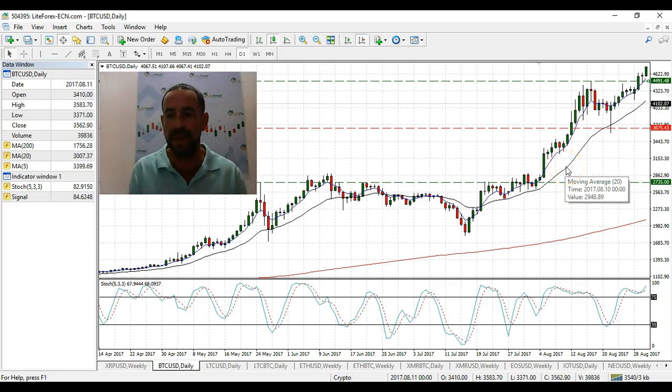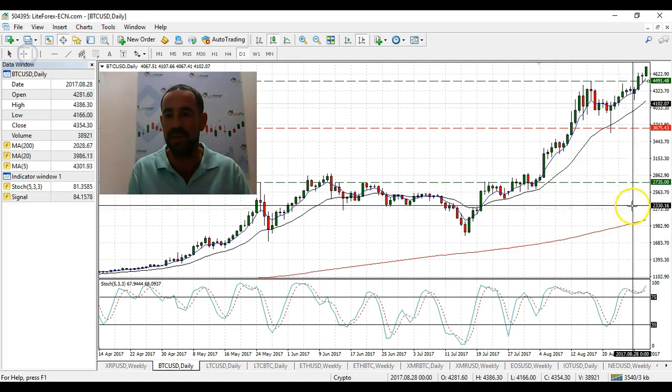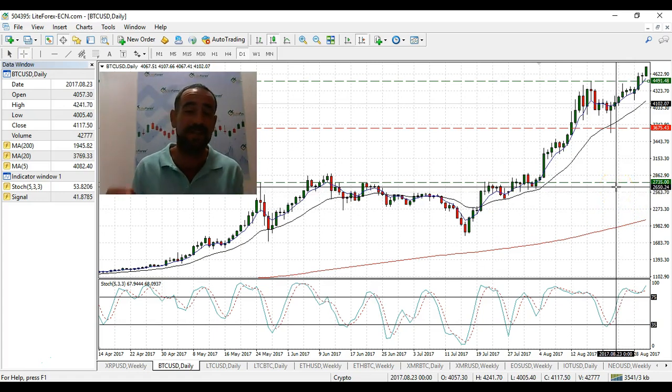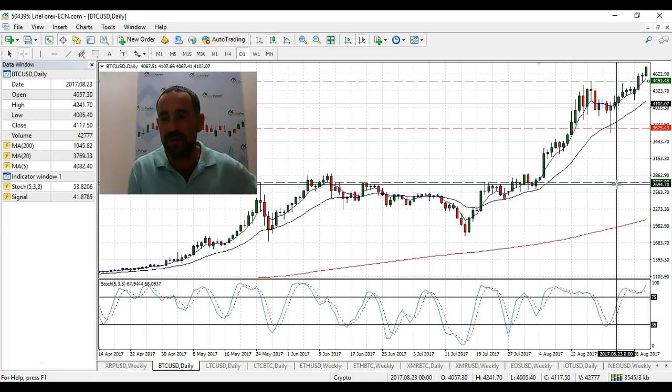Now what happened next was, as you can see, price was beginning to change direction. This is a classic sniping system. That's the whole purpose of the strategy, to find these tipping points: lows when it comes to a bullish trend and highs when it comes to a bearish trend. And price went very nicely at this bar.